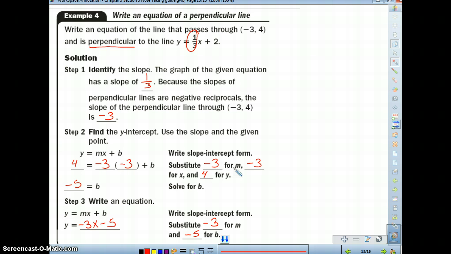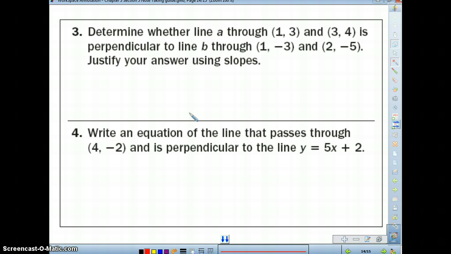All right, so we're going to put a -3 for slope, a -3 for x, because that's our point right here, and a 4 for y. When we do this, it would be 9 plus b. We subtract 9 from both sides and we come up to -5. We substitute -3 for the slope and -5 for the y-intercept, and we come up with y equals 3x minus 5. Hopefully we're getting this pretty well right now.